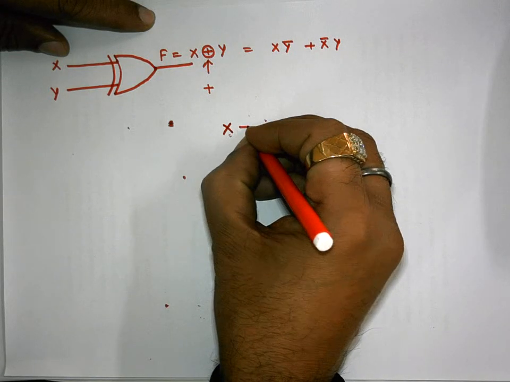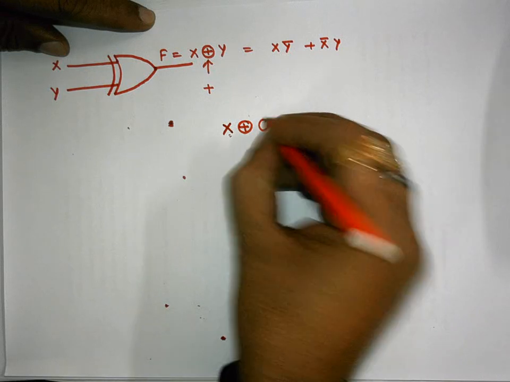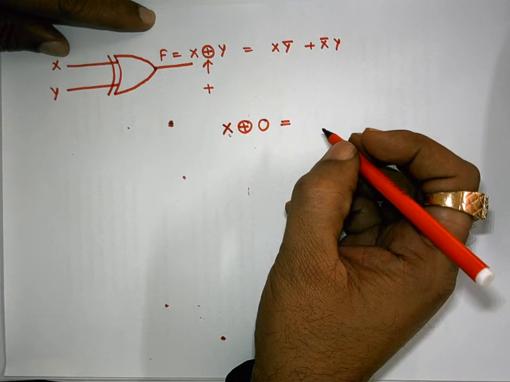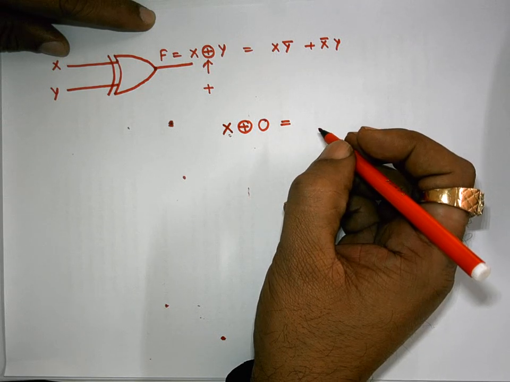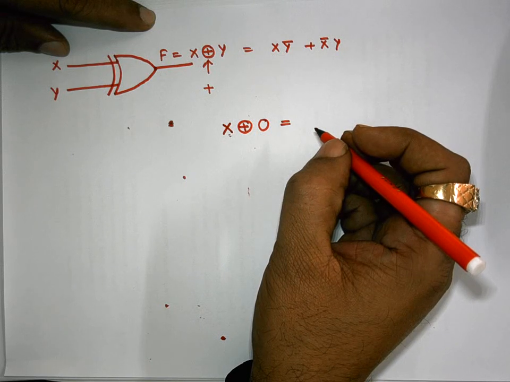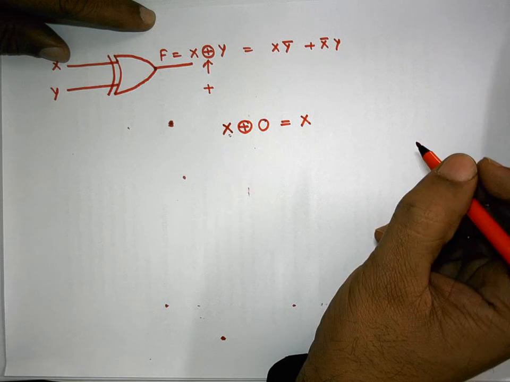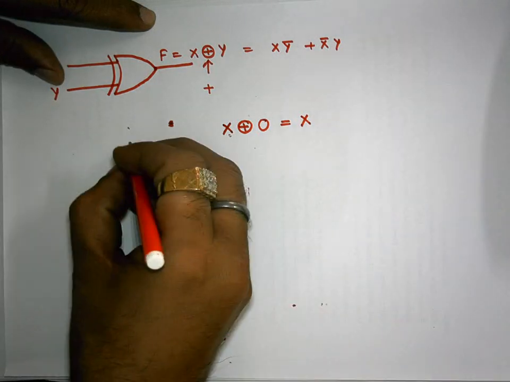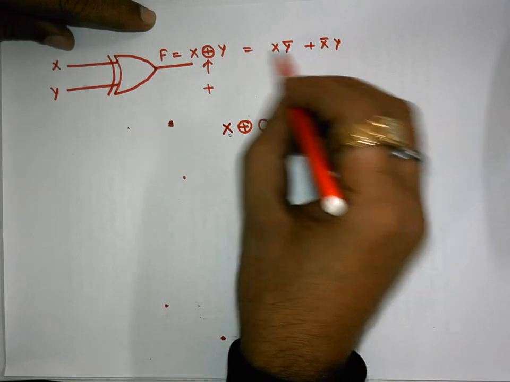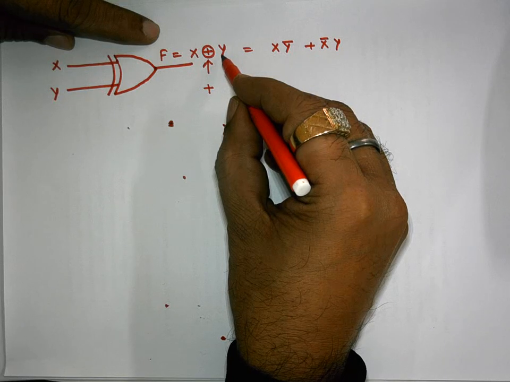Okay. Now we apply some laws on this. So X exclusive OR with 0, what will be the output? You tell me. It will be X itself. You apply this over here: X exclusive OR with Y is equal to X Y bar plus X bar Y, with Y equal to 0.